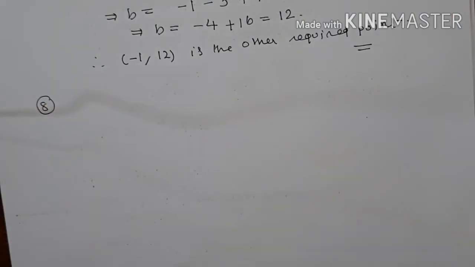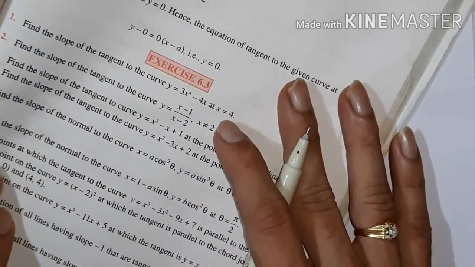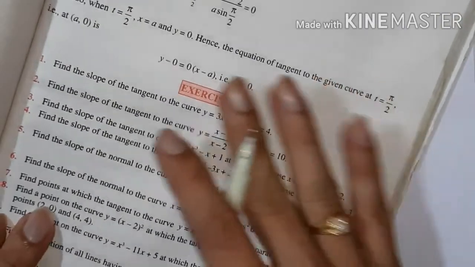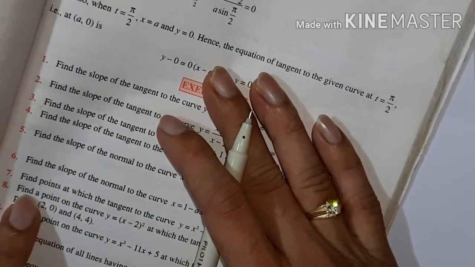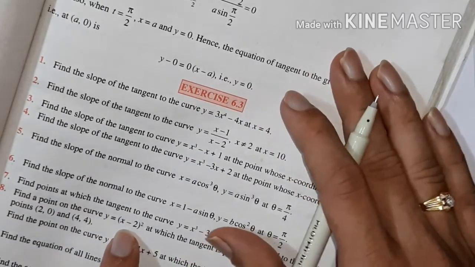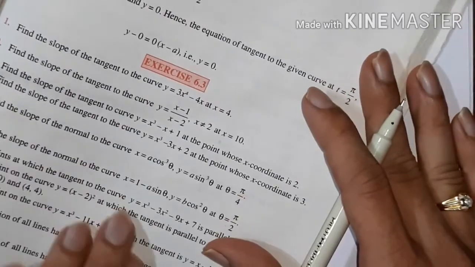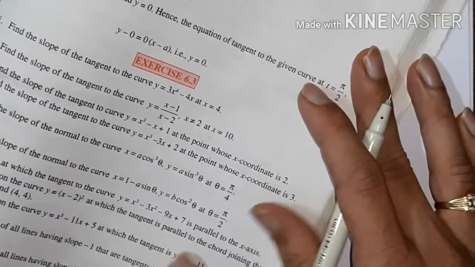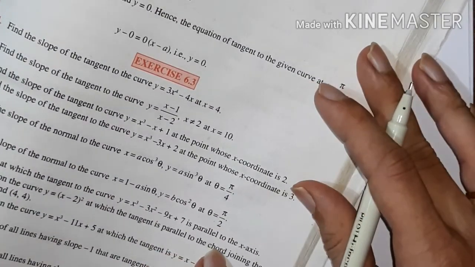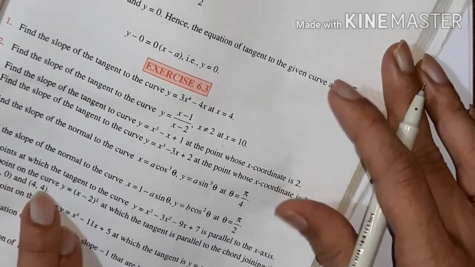Problem number 8 is: find a point on the curve y equal to x minus 2 the whole square, at which the tangent is parallel to the chord joining the points 2 comma 0 and 4 comma 4.